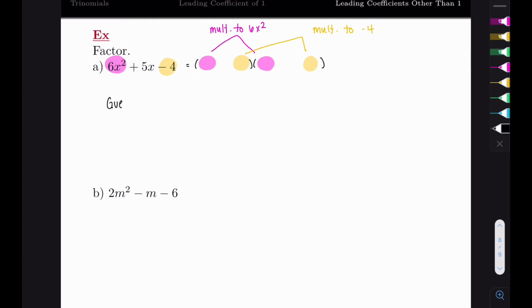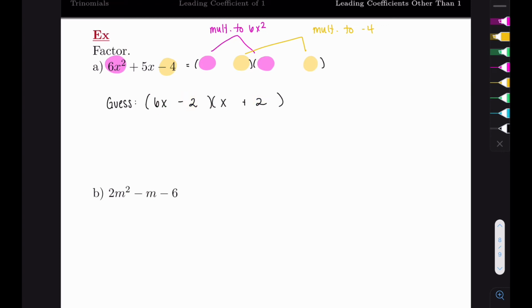So let's try a first one. To get 6x squared, we could do a 6x and an x. To get negative 4, I need one to be positive, one to be negative. Let's try a negative 2 and a positive 2. Okay. They definitely multiply to 6x squared, multiply to negative 4.